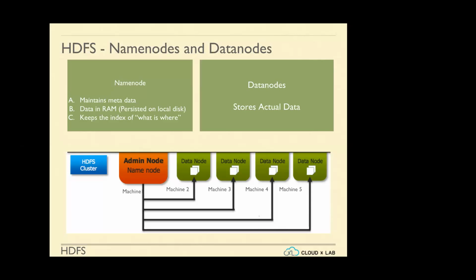So Namenode just keeps the bookkeeping, while data node actually keeps the data. Namenode is more like the FAT, file allocation table, of a normal file system, keeping the pointers to the data. Namenode keeps it in RAM and data node stores the actual data.